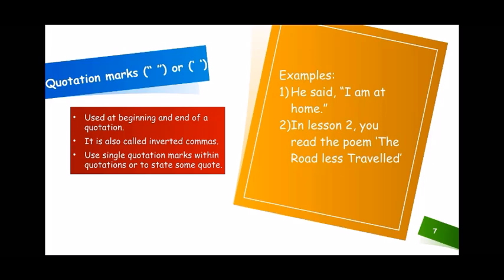So we have put inverted commas before and after I am at home to show a quote or direct speech. Example number 2. In lesson 2, you read the poem 'The Road Less Traveled'. Here we have used single inverted commas.